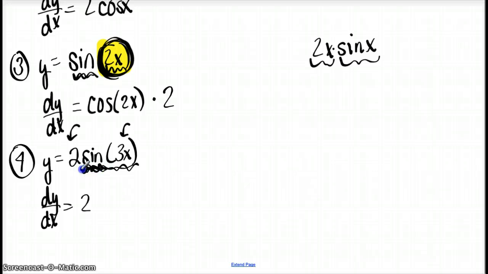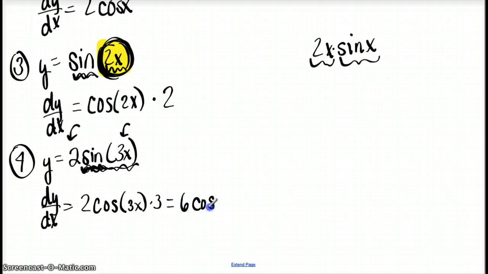What's the derivative of sine? Cosine. So I keep cosine 3x and multiply the whole thing by 3. And when I simplify it, it becomes 6 cosine of 3x. Are you with me? Questions?